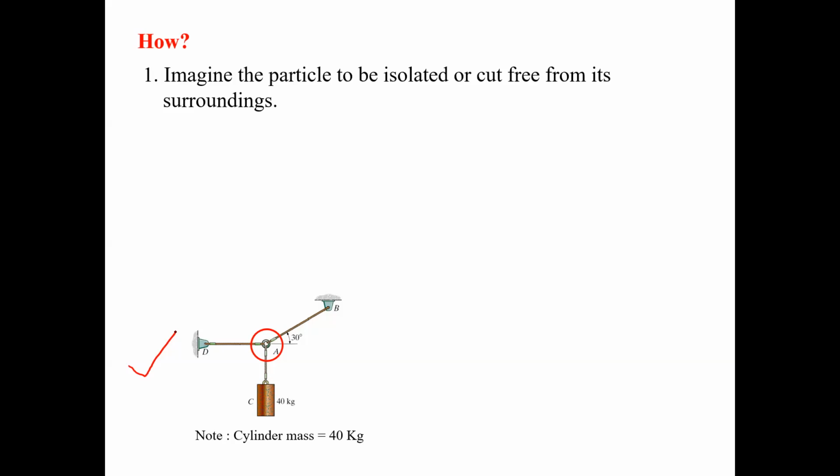For that, we need to draw a free body diagram. Please remember, it's always easier if you go in steps, so just remember these steps. The first step is to take the particle as isolated or cut free from its surroundings.